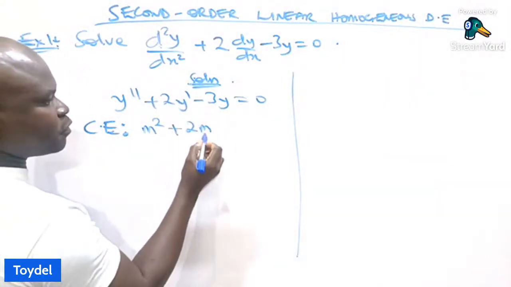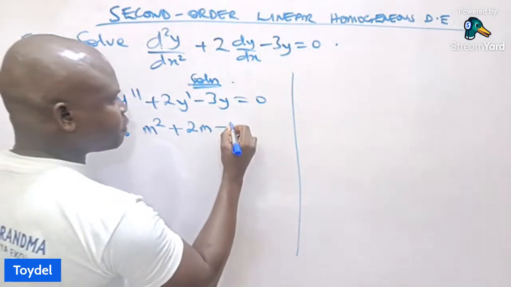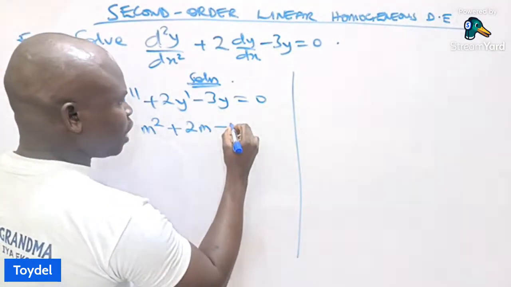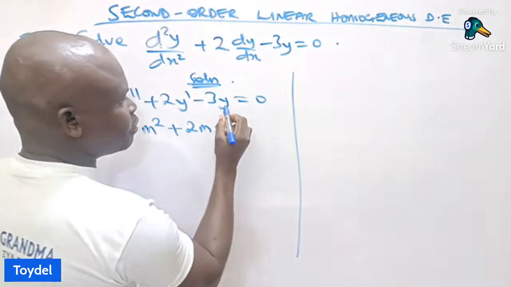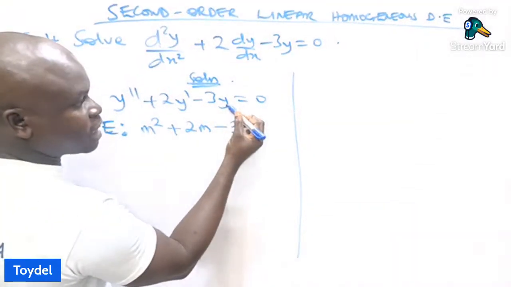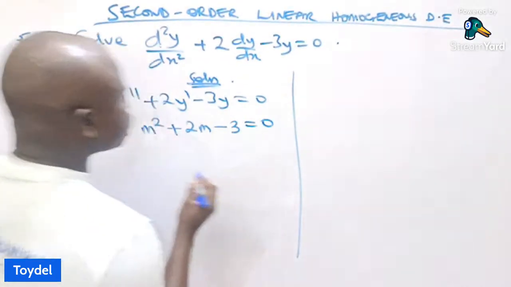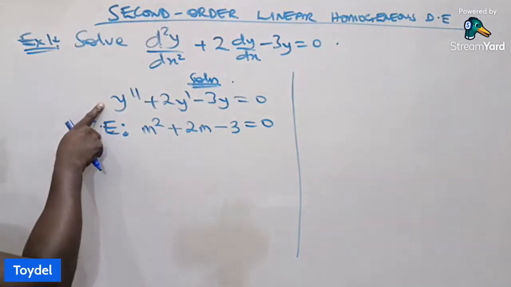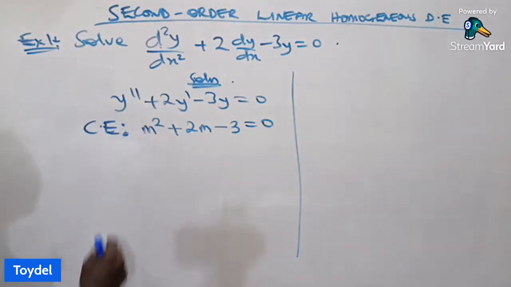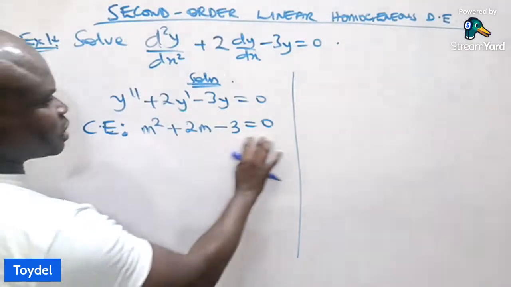When we have y prime, we use m. Then minus, when we have y, we use a constant. That will be 3, that will be m raised to power 0. Y will represent m raised to power 0, which is equal to 0. So we have started to change this differential equation to a quadratic equation. By the time we transform it to the characteristic equation, that is what we are going to have.